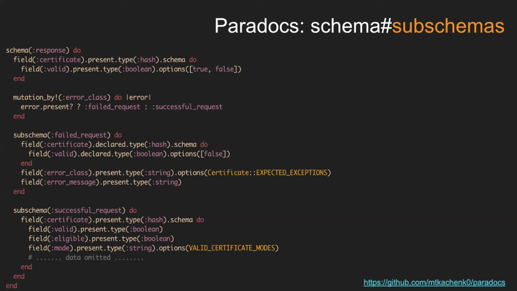Despite the fact that Paradox gem takes care about error handling, it also allows you to write conditions right inside the schema definition, which are applied whenever something comes for validation. Depending on the condition, it invokes a subschema.